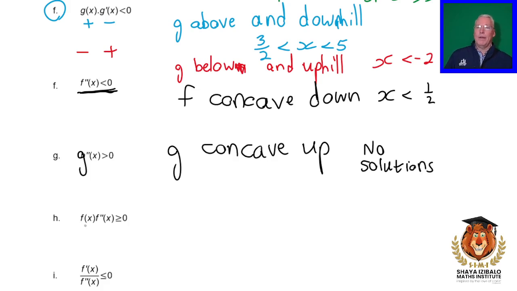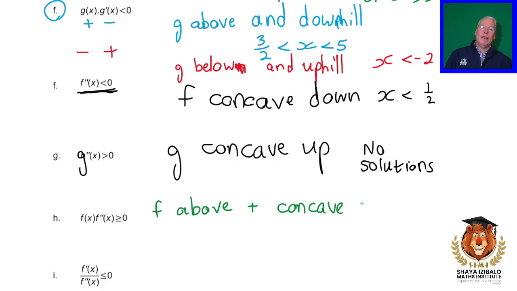Right, this one. This is a product of f and the second derivative. And we want it to be positive. Now remember, positive means they both have to have the same sign. Either both positive or both negative. F positive means above. So we want f to be above while the second derivative is positive. So at the same time as being above, we want f to be concave up.